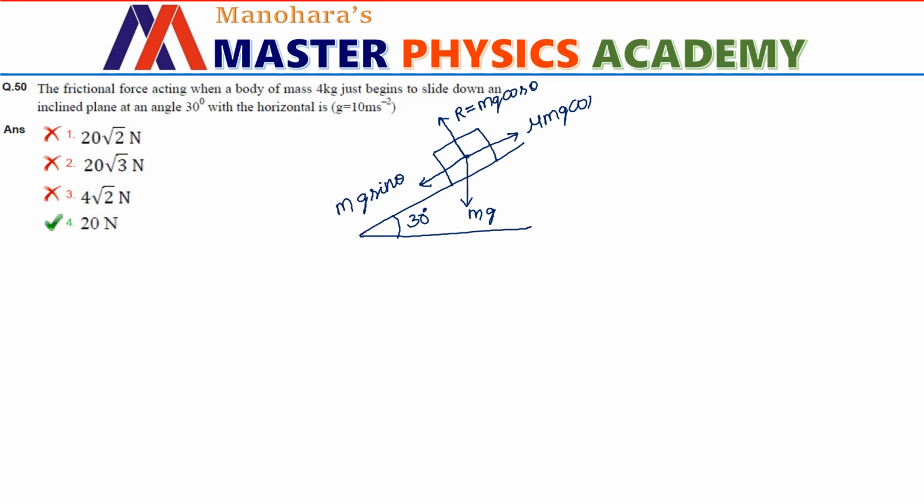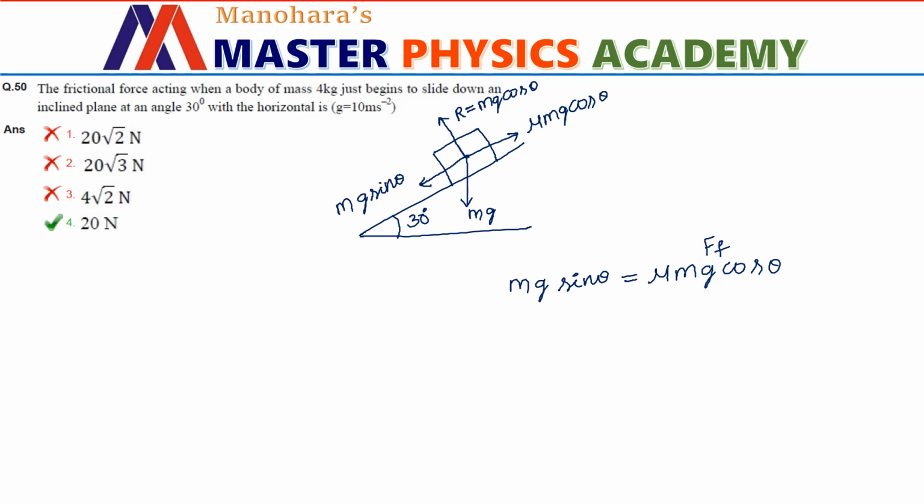They have given that it just begins to slide. That means mg sin theta will be equal to mu mg cos theta. In this situation, the block just begins to slide, so mu mg cos theta is the frictional force. There is no way to solve for this mu mg cos theta directly, but we can solve mg sin theta.